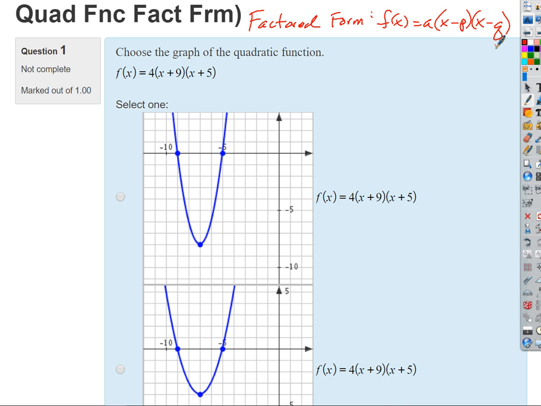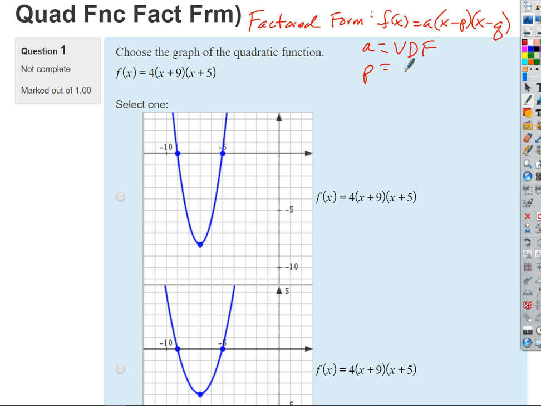And we just said that a is a, right? We don't even really need a in this formula. It's always going to be the vertical dilation factor, but we don't even really need it in this case to come up with a sketch. Most importantly, what's p? 5.